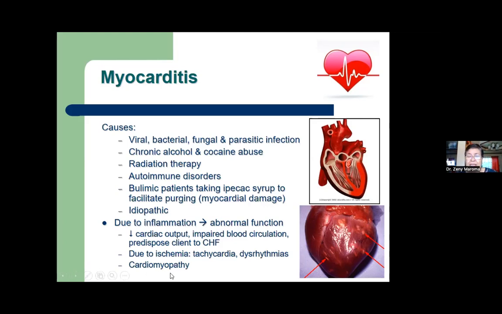So it affects ventricular filling, and there is also decreased cardiac output. Okay? So kung kanina pericarditis, ang complications, pericardial effusion, cardiac tamponade. Pag myocarditis, ang complication is cardiomyopathy. Okay? So abnormally enlarged ang puso. All right.